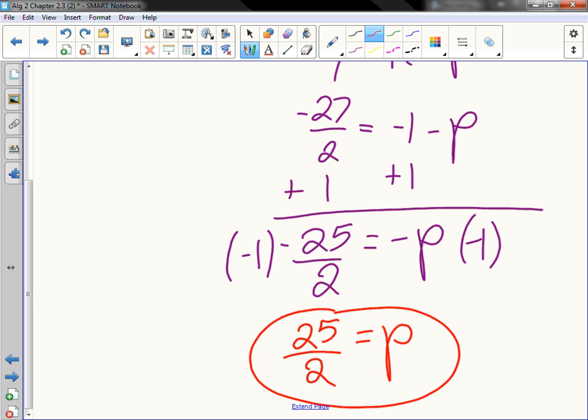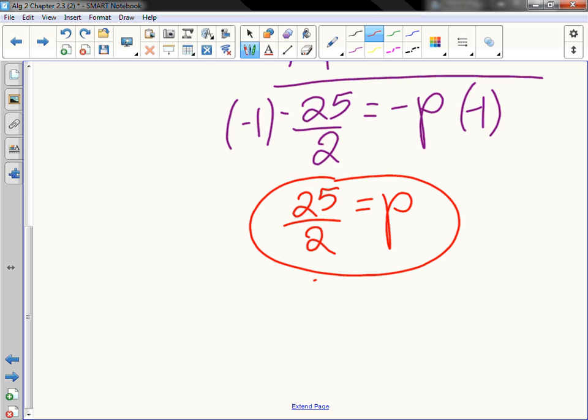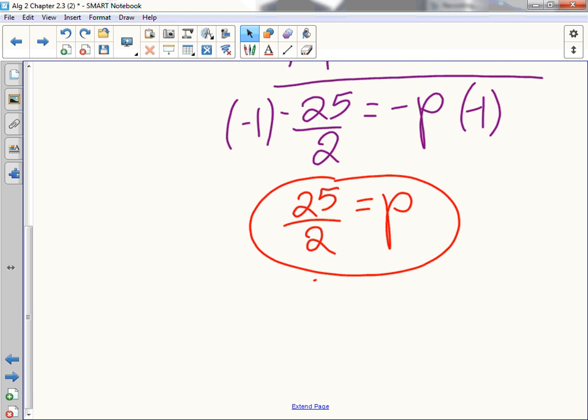No matter how many times I have a group of 1, it's still just that one value. So we just switched the signs. Since p is negative, I want positive, so I switch it, and I switch the other one. They both became positive. It just changed the sign since we're doing negative 1.